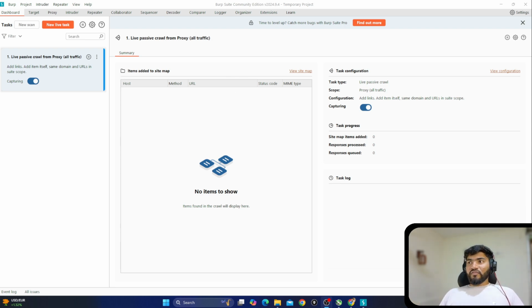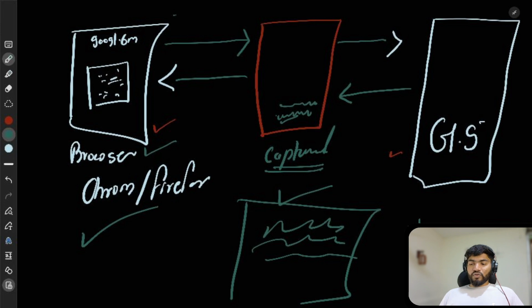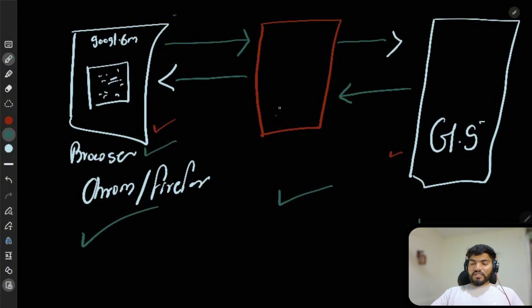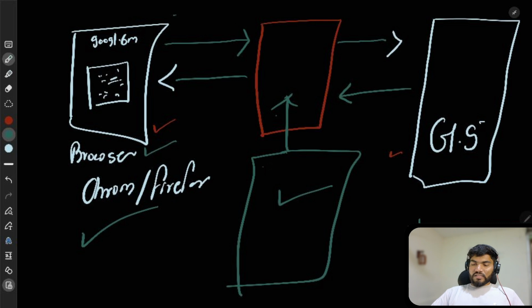So basically, if you remember in the diagram I showed, once all of this traffic is captured right here, what is left is doing something with that particular traffic. So we will start experimenting with the traffic. Let's say when I request google.com, the first request is made, then Google sends a response to that request.